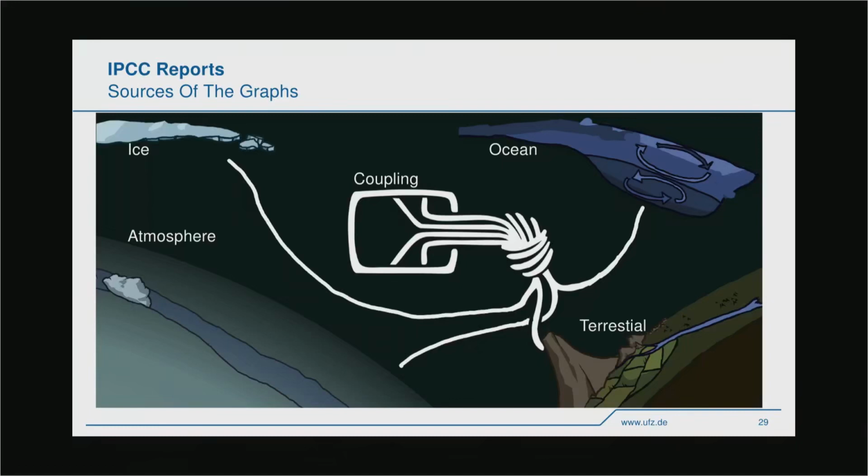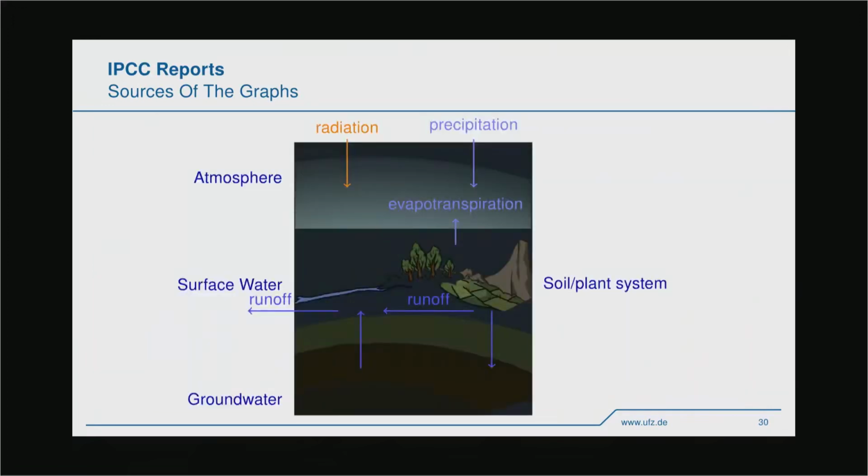And each of the models, again, has several layers. For example, the terrestrial layer has a groundwater part and the atmosphere. And so there's some input from the atmosphere to the soil and plant system, and then there's some water that is sinking into the groundwater and then coming out to the rivers.